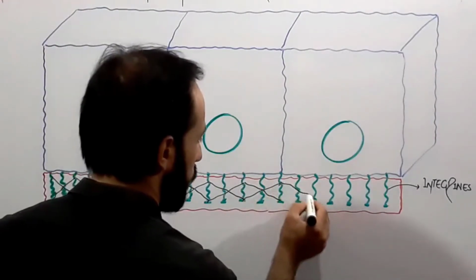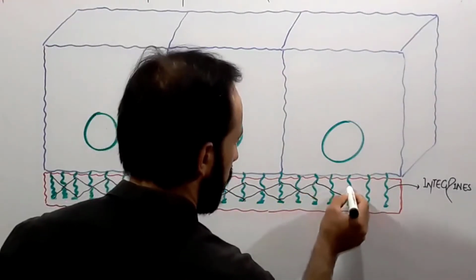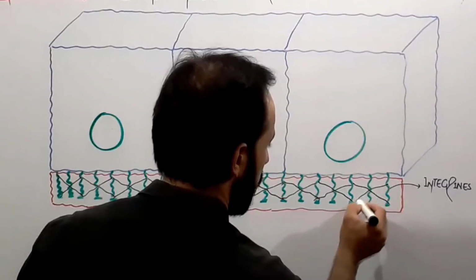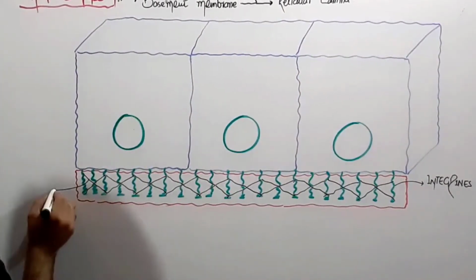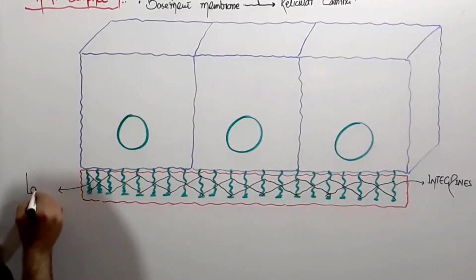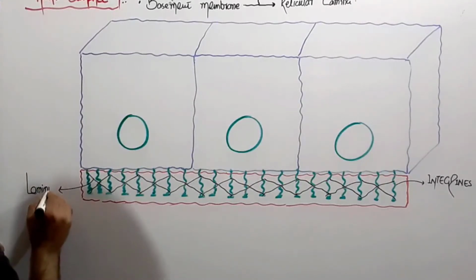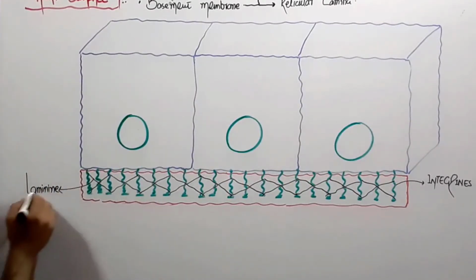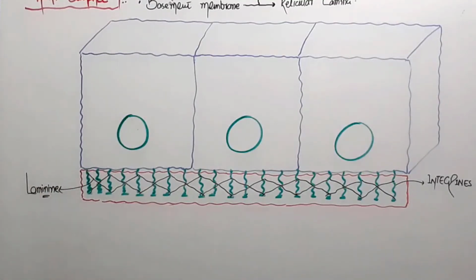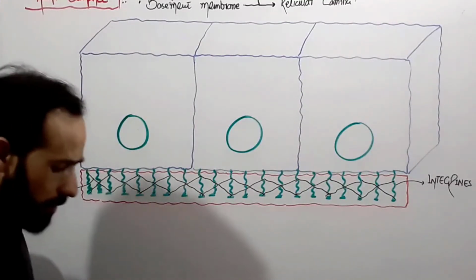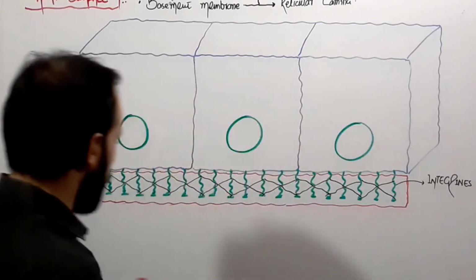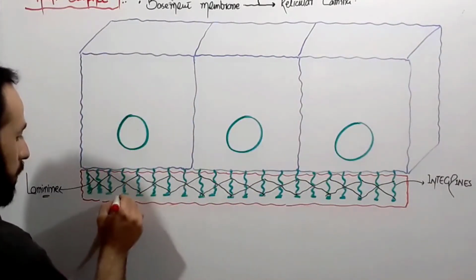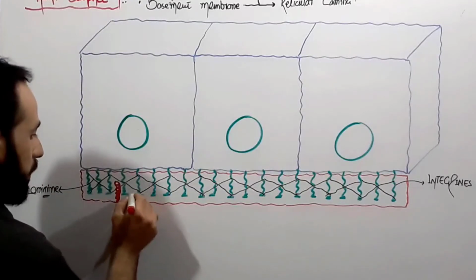I am writing the composition of this basement membrane, right friends? So this was the second structure, called the laminin protein. Laminin is found there in the lamina lucida. Then there is another type of protein which is called the intactin proteins.